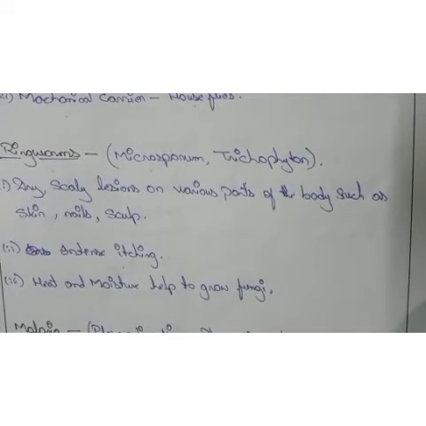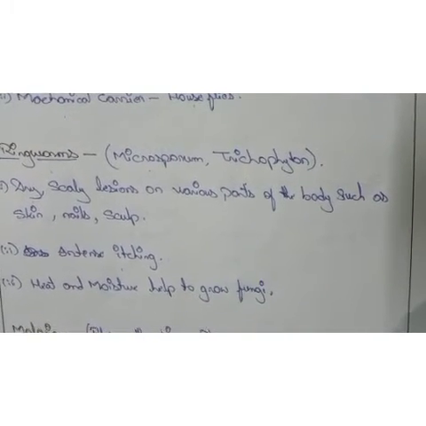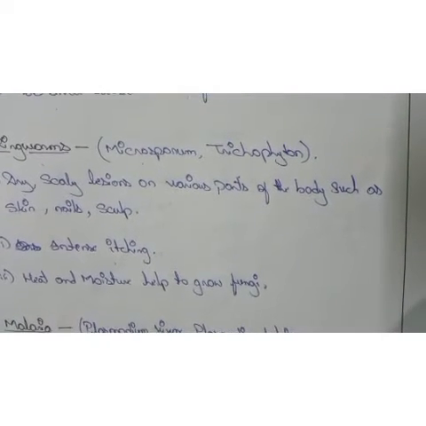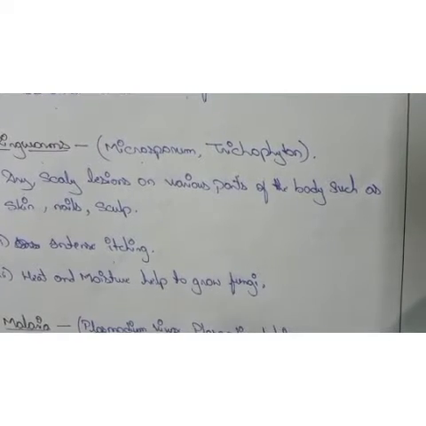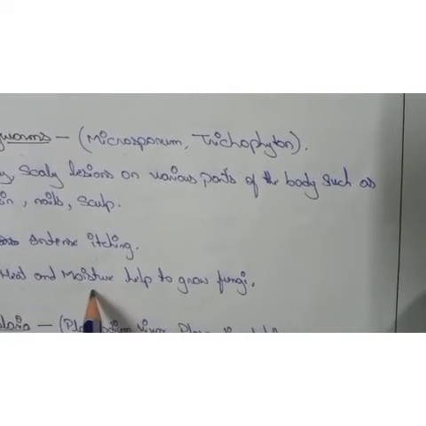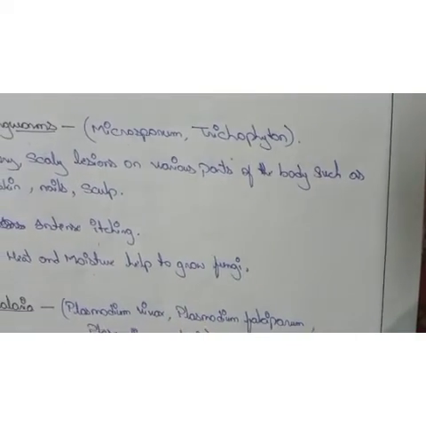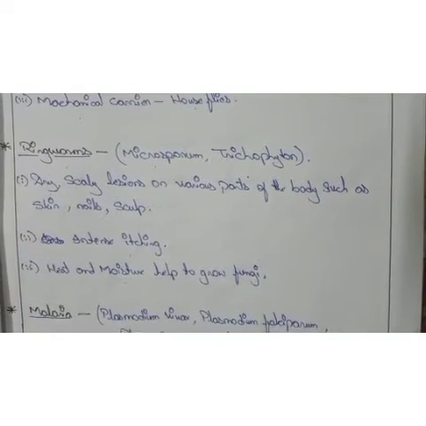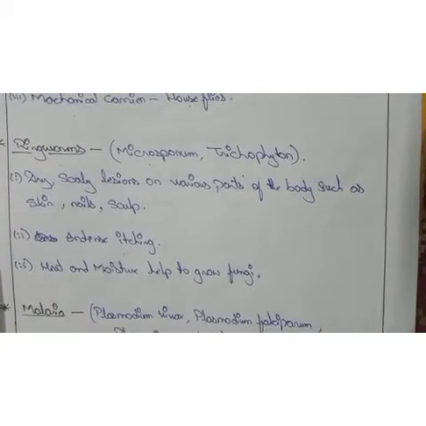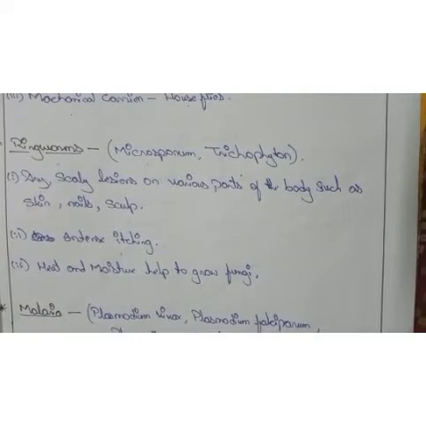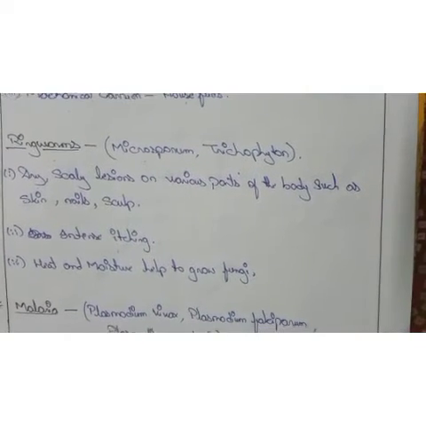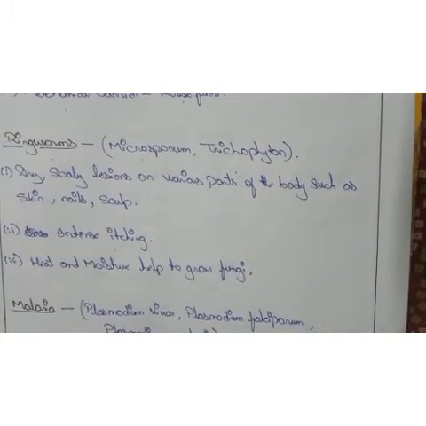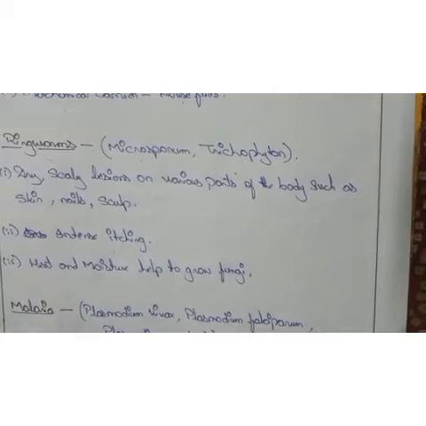Intense itching: the part of the human being where the ringworm attacks can itch. Heat and moisture help fungi to grow. If ringworm attacks the abdomen area, then heat and moisture can help the fungi to grow and spread the disease.